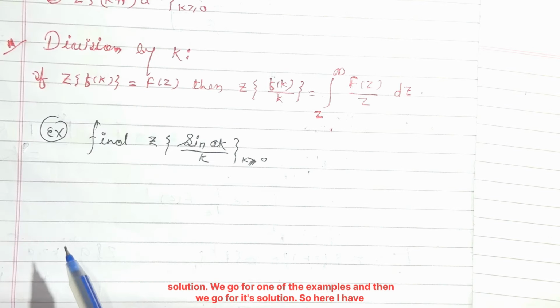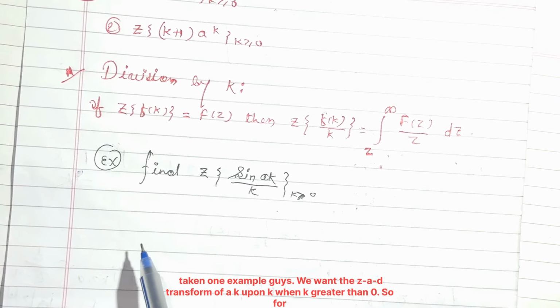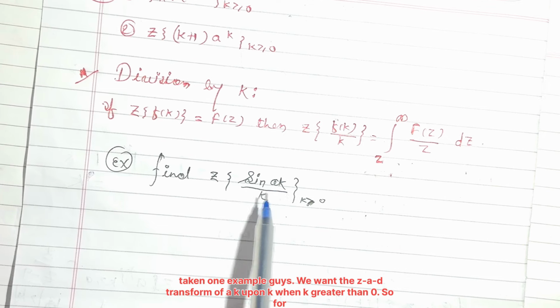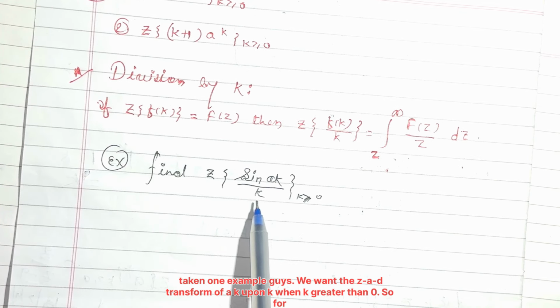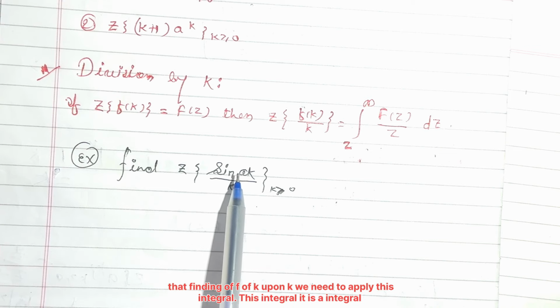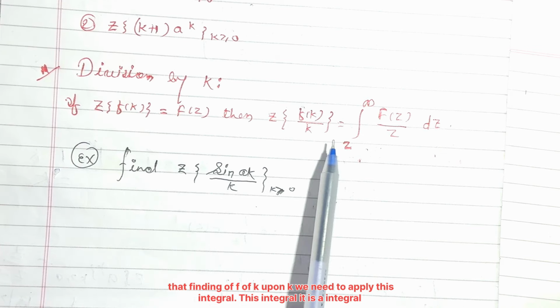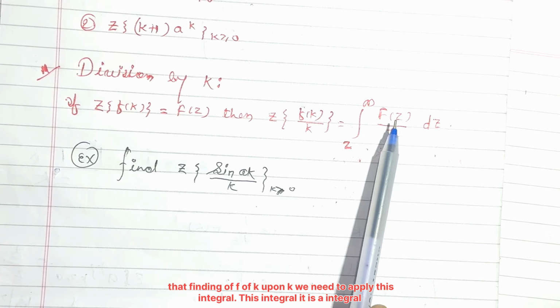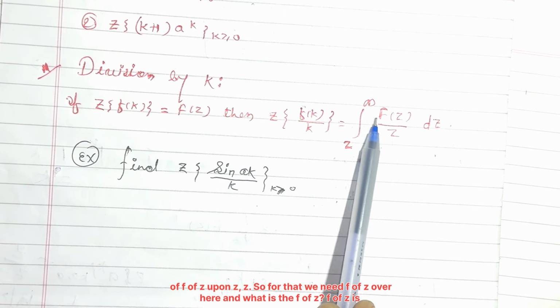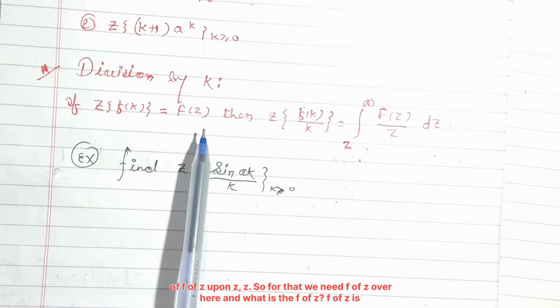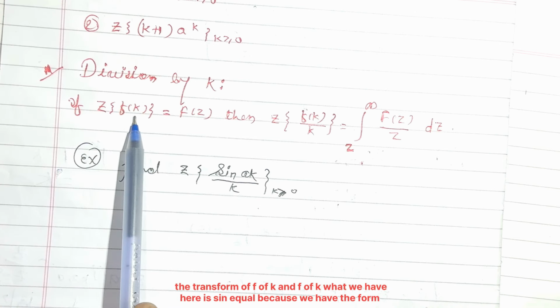Here I have taken one example. We want the Z transform of sine of ak upon k, when k is greater than 0. To find f of k upon k, we need to apply this integral, the integral of F of z upon z dz. For that we need F of z, which is the Z transform of f of k.